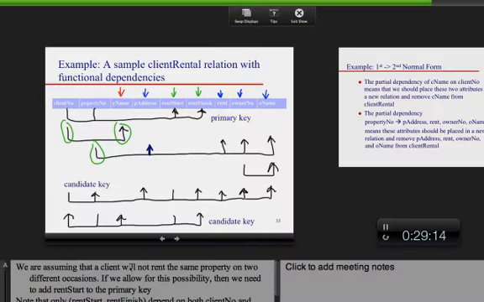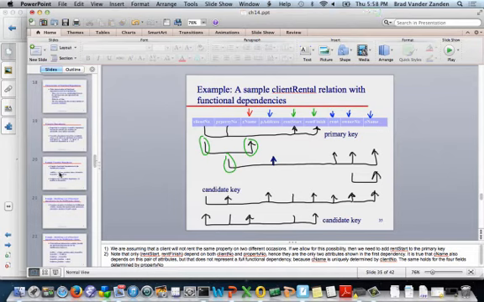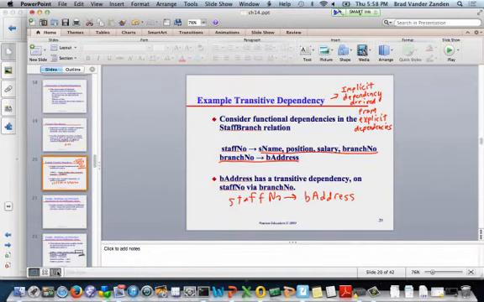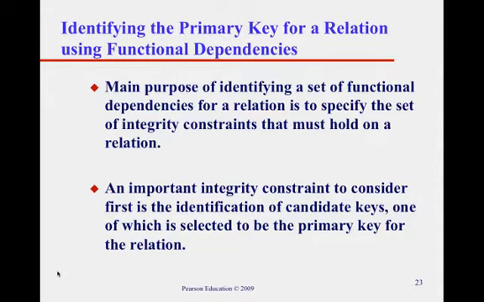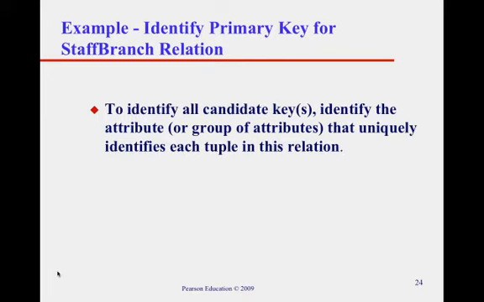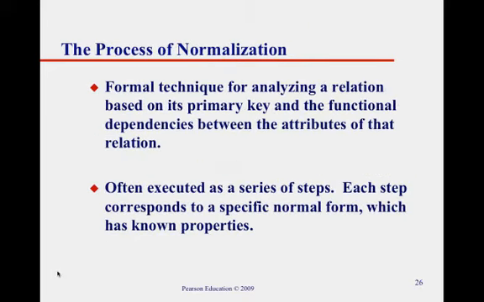So now I have to go way back in my presentation. Okay, so we've already talked about identifying primary keys and candidate keys, so I'm going to gloss over that and get to how we use functional dependencies for doing normalization.